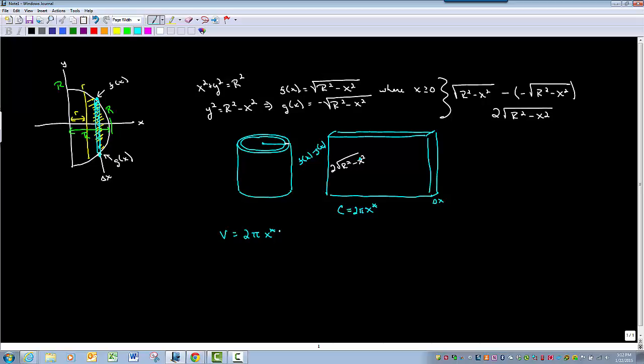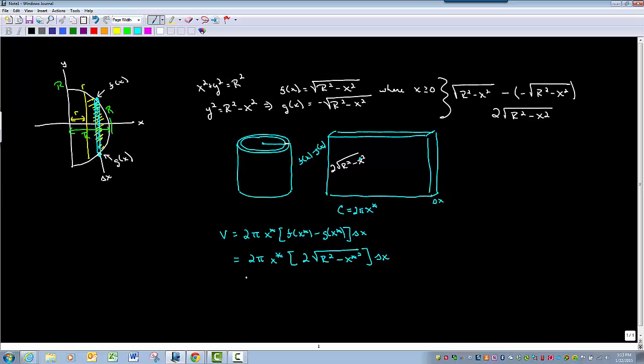So essentially it is f at x star minus g at x star, and then times delta x. So we could simplify this. Well, we could at least plug this in and get this. So this would be 2 times the square root of large R squared minus x star squared delta x, like that.